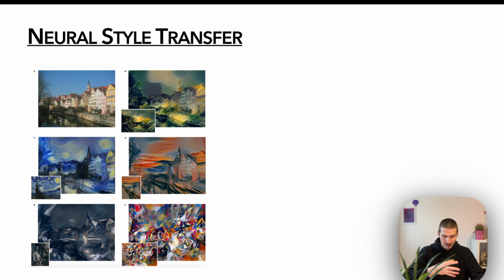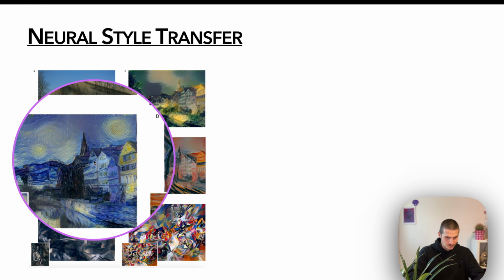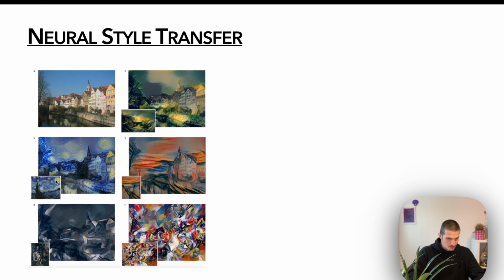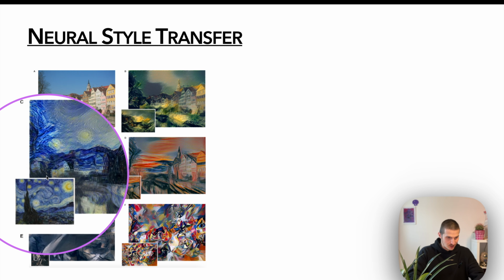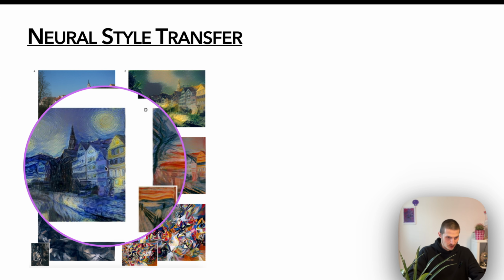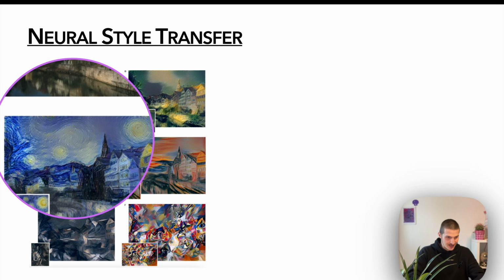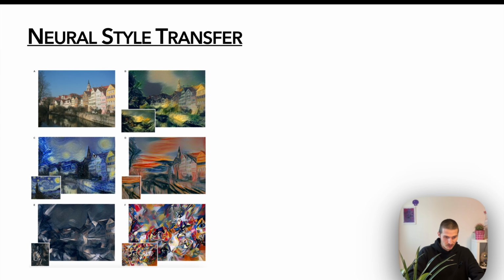And here is an example of applying different styles to the same picture. One thing you notice here is that the overall picture composition does look like the content image, right? So if you compare the Starry Night to the transferred version, the precise locations of the stars and so on will be different, but the location of the house and the river will still be the same as in the original picture.